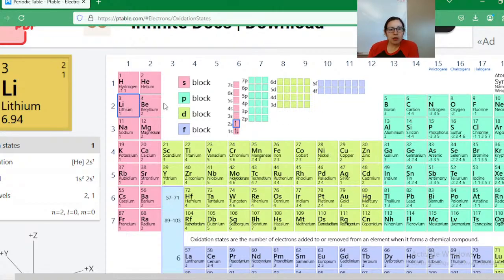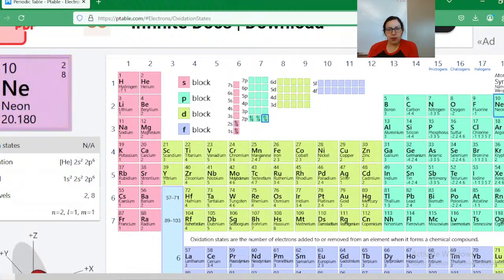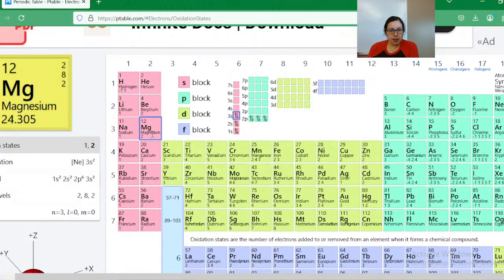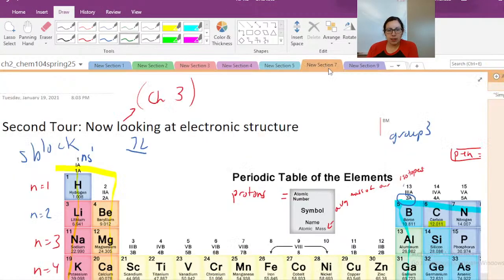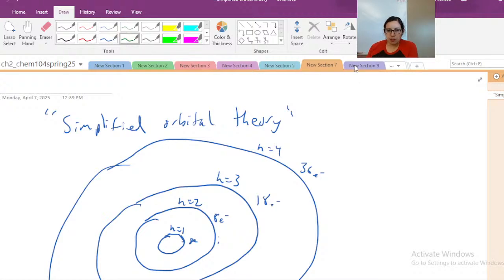So again, we're just kind of going in order. So we went across, so the 2s, 2p, right, we filled it up with neon, so you can always check your electron configuration on this periodic table too. Then we went down to sodium. Okay, so let's look at magnesium, and we can also look at the Lewis dot structure.